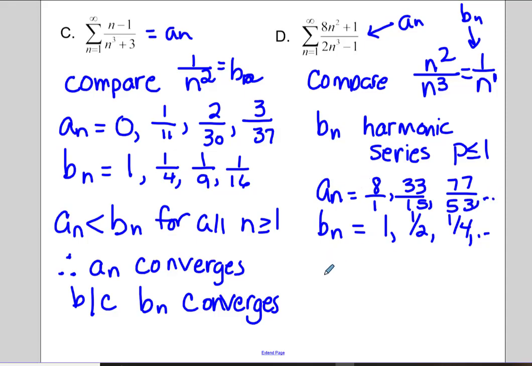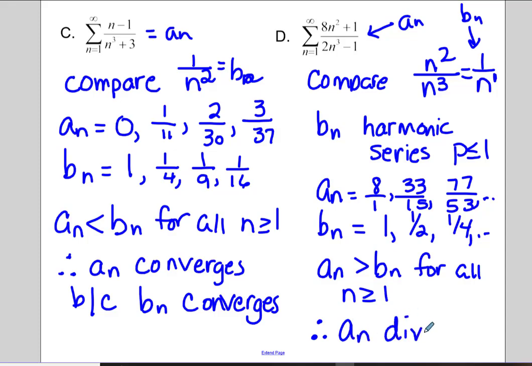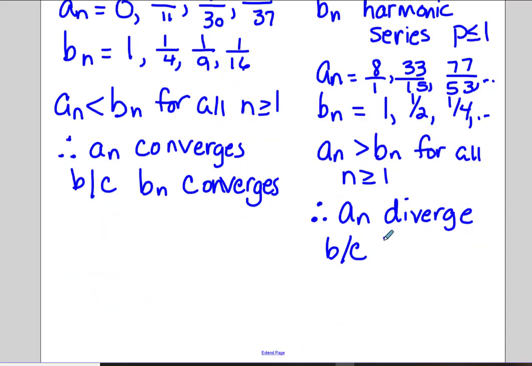Looks like a sub n is bigger than b sub n for all of our n's greater than or equal to 1. And that tells me that a sub n is going to diverge because b sub n is a divergent harmonic series. We know from our last lesson that b sub n was a divergent series.